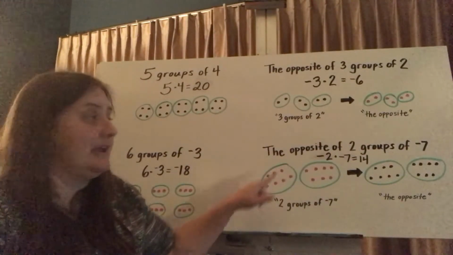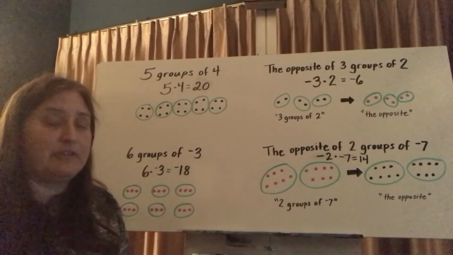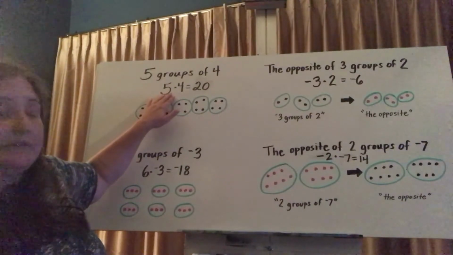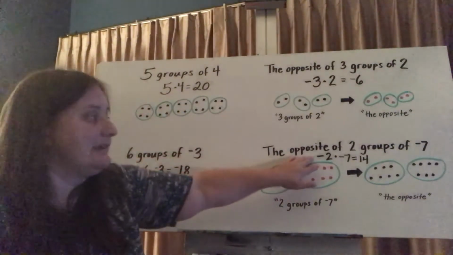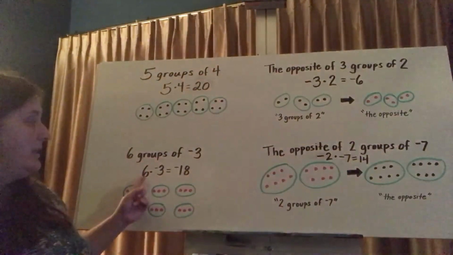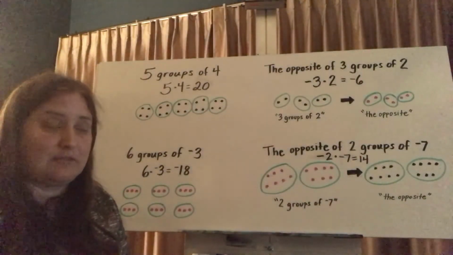The opposite would be positive 14. So we have this pattern. Every time we're multiplying 2 positives or 2 negatives, we end up with a positive answer. If we have 1 positive and 1 negative, we end up with a negative answer.